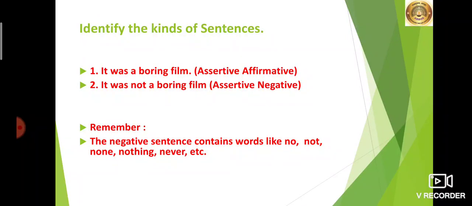Before moving ahead, let's identify how an assertive sentence can be positive and negative. Here is an example. It was a boring film. It was a boring film declares that the film was boring, because assertive is also declarative. It declares. So it is an affirmative, meaning positive, sentence. In the same way, it was not a boring film.